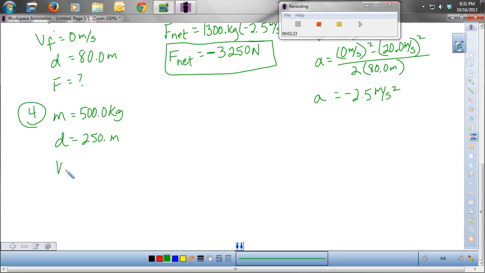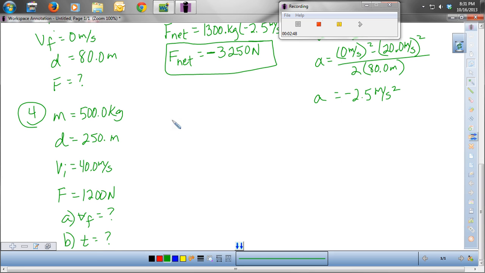So the initial speed of the car was 40 meters per second. And the braking force was 1,200 newtons. So part A wants to know what is the car's speed when it gets to the clearing. And then we need to find out if he's going to survive. So we're looking at the time.